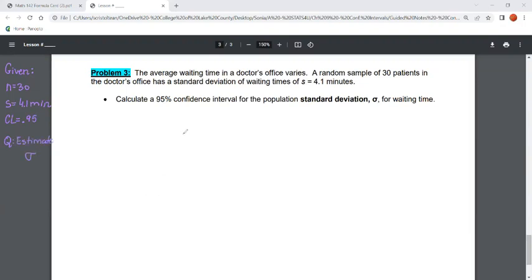So I will start by writing down the formula and then see what I need to complete this problem. This is sigma, not variance, not sigma squared. So I need to square root the lower and the upper value. And the formula goes by this: n minus 1 times s squared divided by chi squared to the right, n minus 1 times s squared divided by chi squared to the left.